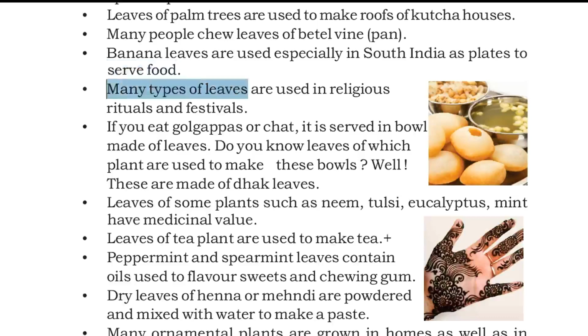Many types of leaves are used in religious rituals and festivals. If you eat golgappas or chaat, it is served in a bowl made of leaves. Do you know leaves of which plants are used to make these bowls? Well, these are made of dhak leaves.